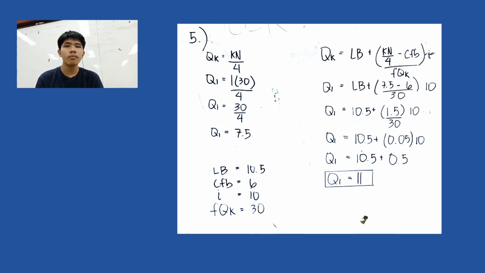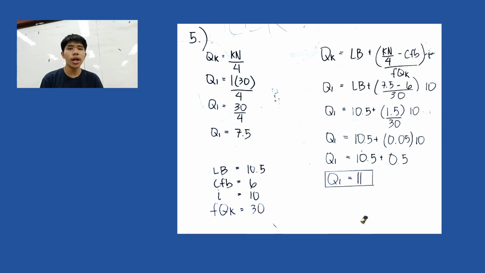Q sub 1 is equal to 10.5 plus 0.05 times 10. Now 0.05 multiplied by 10 is 0.5. So Q sub 1 is equal to 10.5 plus 0.5. This time, we will add both numbers. So 10.5 plus 0.5 will give us Q sub 1 is equal to 11.